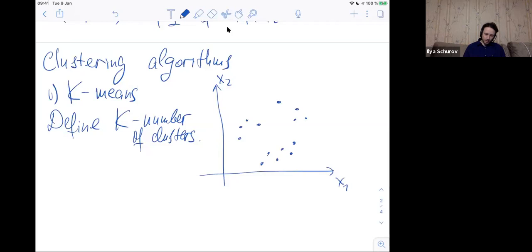Okay, then you can do the following thing. You have two steps, and actually, initially you just pick, in some way, probably randomly, centers of clusters.